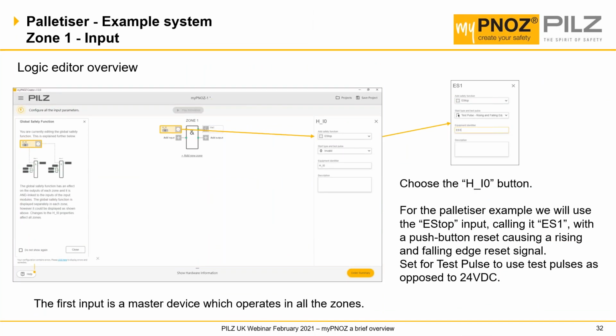HI0 is the header module input 0 button for the input. For this example, we'll use the emergency stop, calling it ES1, with a push button reset causing a rising and falling edge reset signal. We will set it to use test pulses as opposed to 24 volt DC.